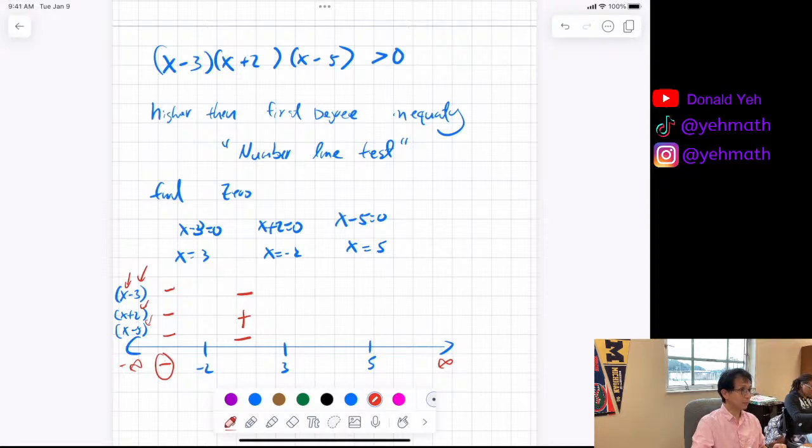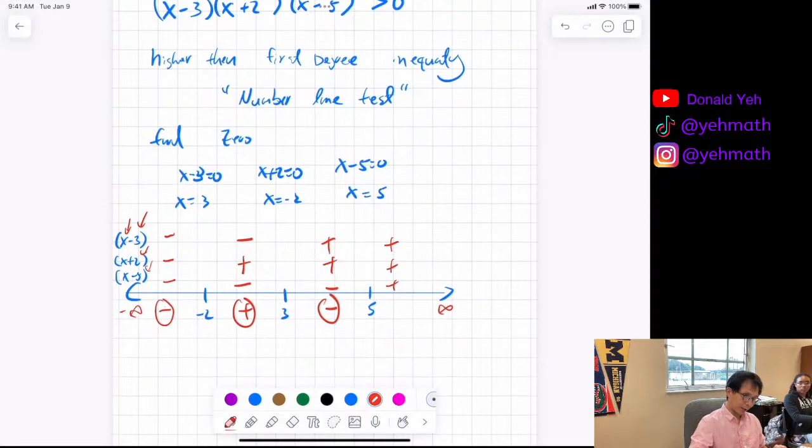Positive. Then I'm going to plug in 4: 4 minus 3 is positive. And if I plug in 6, positive, positive, positive. So the sign is positive.